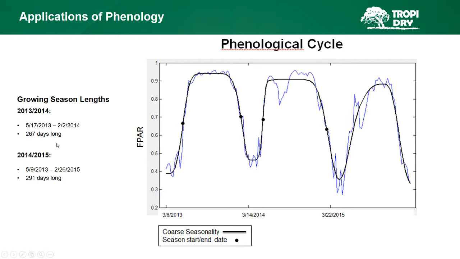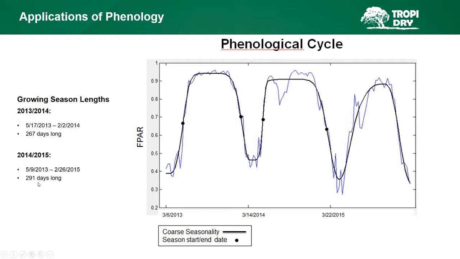And it even allows us to monitor things like growing season length. Like the 2013-14 growing season length was 267 days long. We can see when it starts, when it ends. And as you can see with 2014-2015, despite having this little divot, it actually had a longer growing season overall.